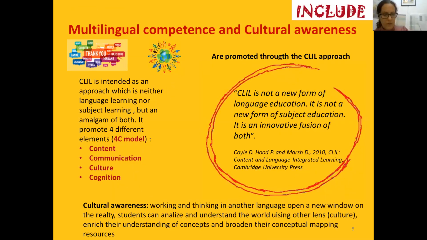Indeed, Coyle, Hood, and Marsh, who are the main authors of the CLIL approach, clarify that CLIL is not a new form of language education, is not a new form of subject education, it is an innovative fusion of both. That means that CLIL scenarios have 2 main aims: the subject, so the content, and the language, so the communication, and are a balance of these 2 axes, these 2 aims.